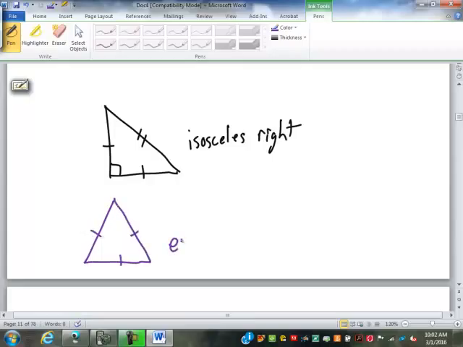That, of course, is equilateral. Would I call it equilateral acute? It is acute. Okay, is it possible to have an equilateral obtuse? Or equilateral right? No. All equilateral triangles are going to be acute, so we don't bother saying that because it's just implied. Equilateral triangles are always acute.